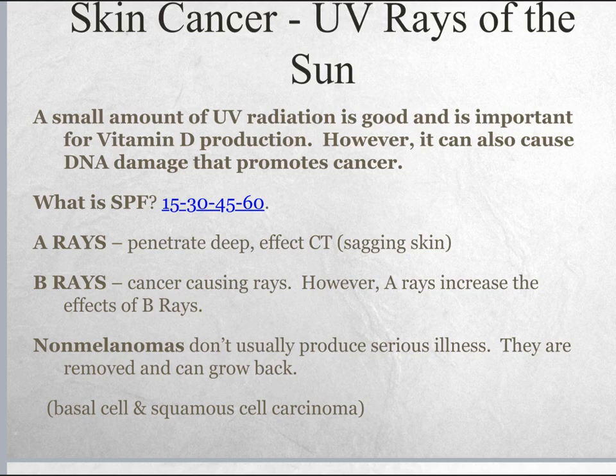SPF of 15 gives you 150 minutes of SPF protection, which is about 2.5 hours. An SPF of 30 is going to give you 300 minutes, which is roughly 5 hours of protection. So we're talking high sun from anywhere from 11 until 3. So again, SPF 30 is about the best that you can get.